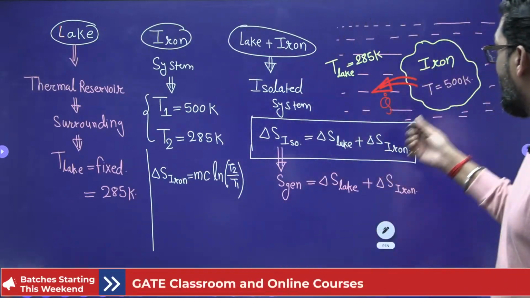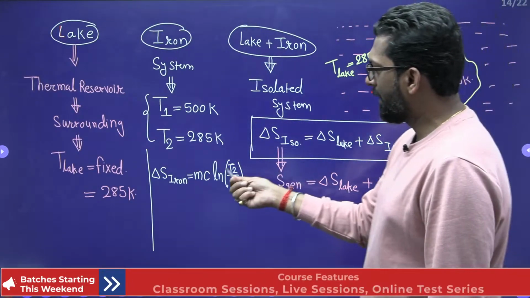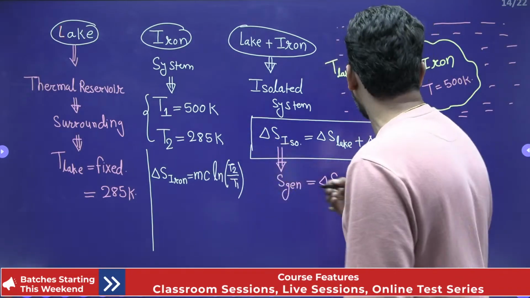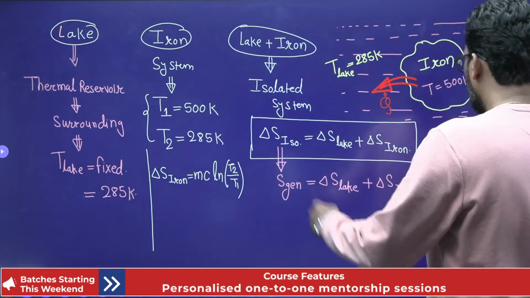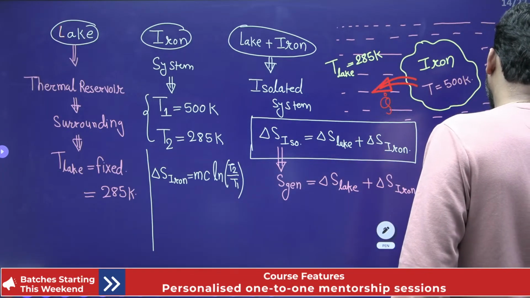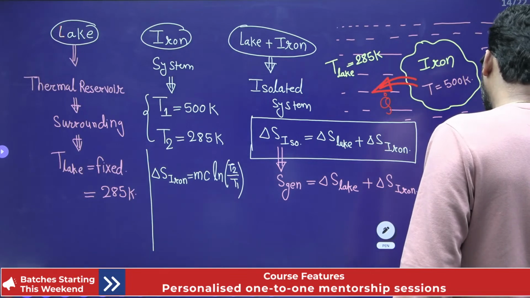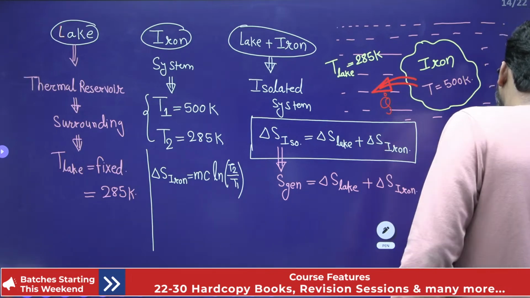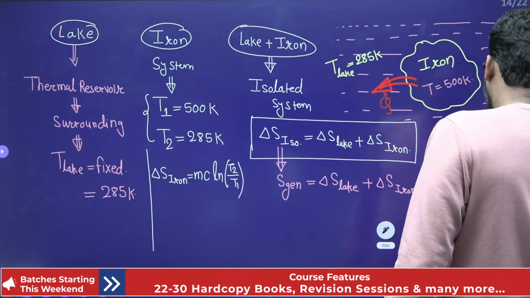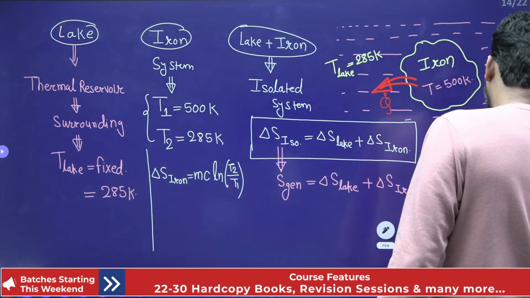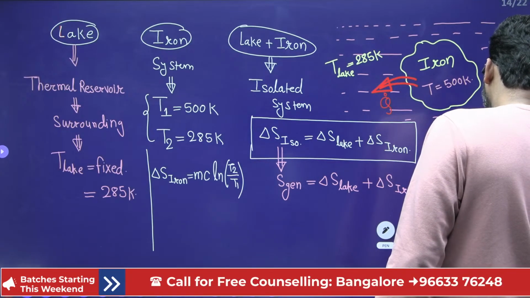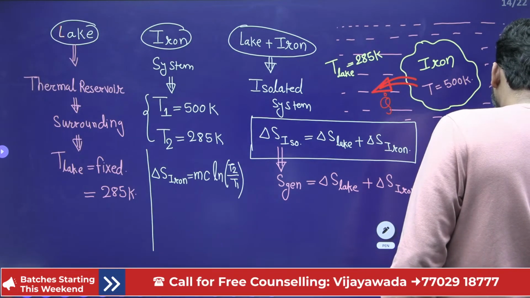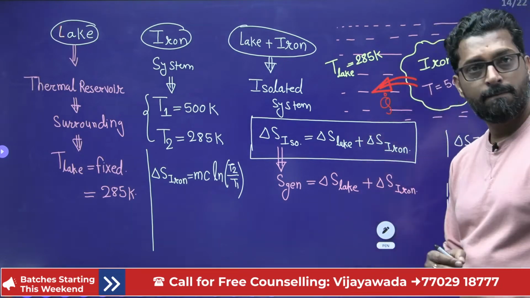Why? Because it has constant volume. You can also write it like this: delta S is equal to dQ by T, and dQ is m C dT, so dQ by T is m C dT by T. So the change in entropy is delta S equals m C ln T2 by T1.